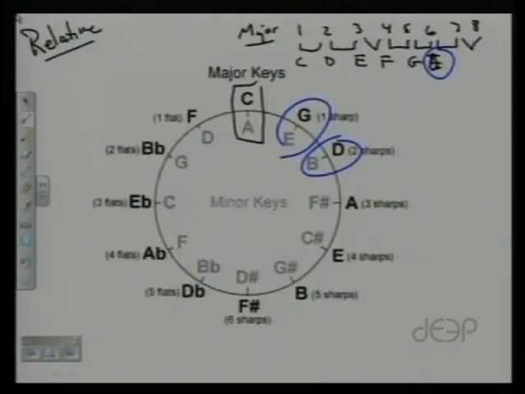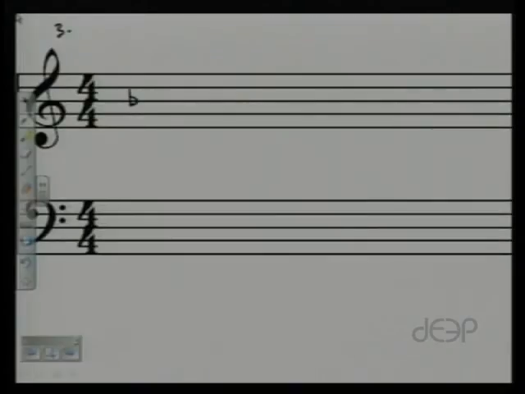So we refer back to our circle of fifths, and if we find 1 flat, and here it is, we can see very quickly that 1 flat is F major and D minor. So simply write F major and D minor, and that one is done correctly. That's number 3. You can do the rest of those.